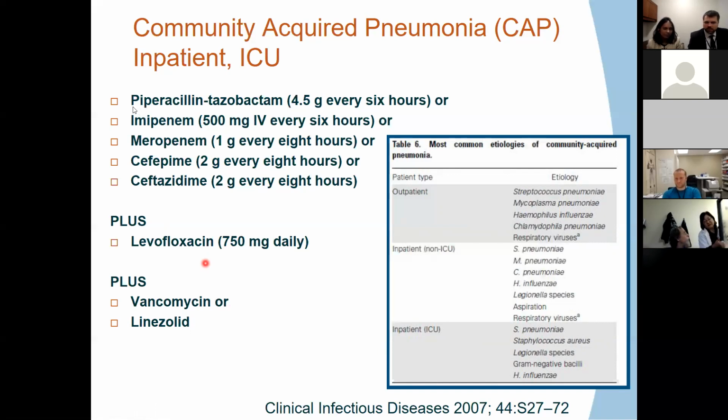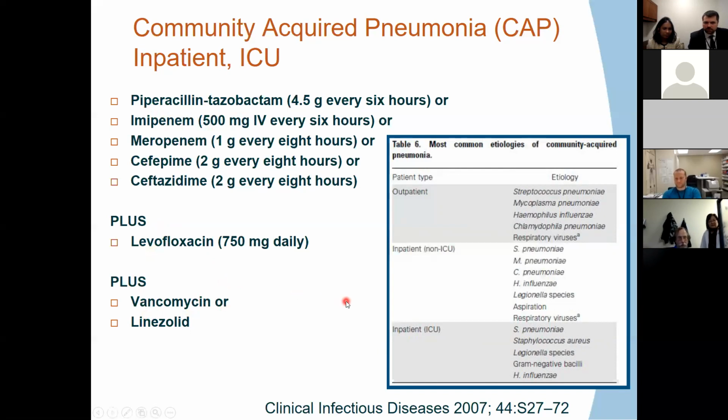So here we've got Zosyn, which has good gram-positive, gram-negative, and anaerobe coverage, and then levofloxacin for Legionella, plus vancomycin for MRSA. That's the thought behind this, and this is all community-acquired.